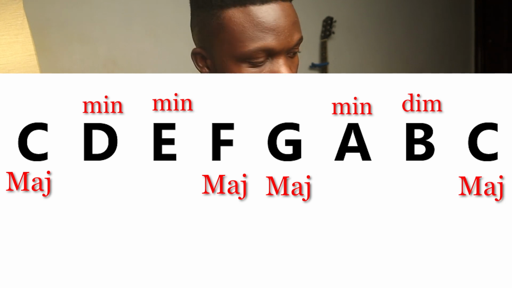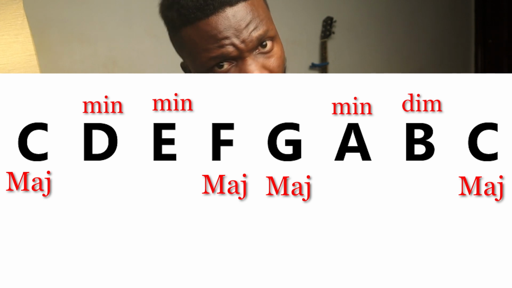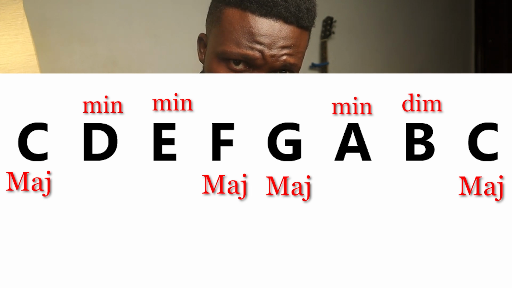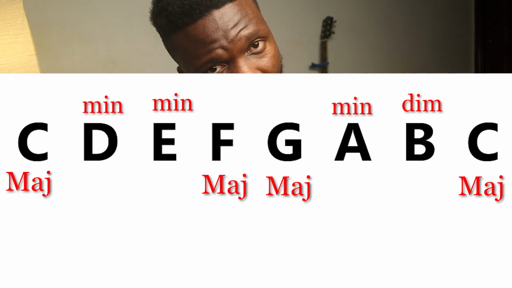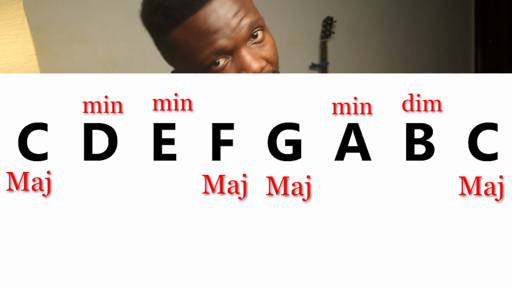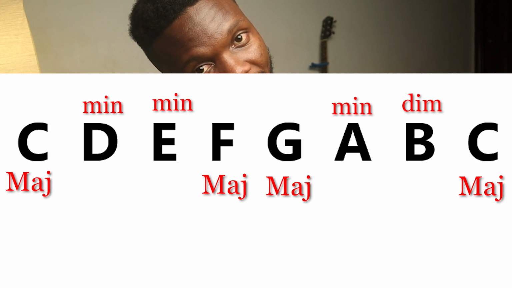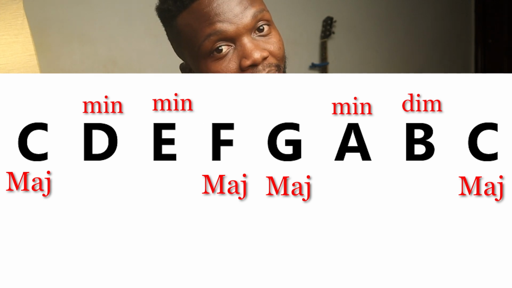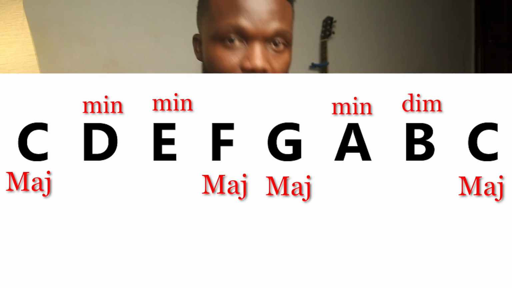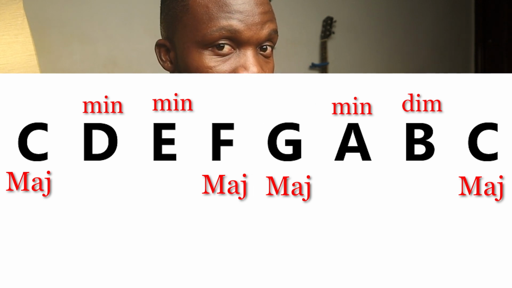And so C is under major, D is under minor, E is under minor, F is under a major family, G is under a major family, A is under a minor family, B is under a diminished or minor family. Then we have our C, which is under a major family.